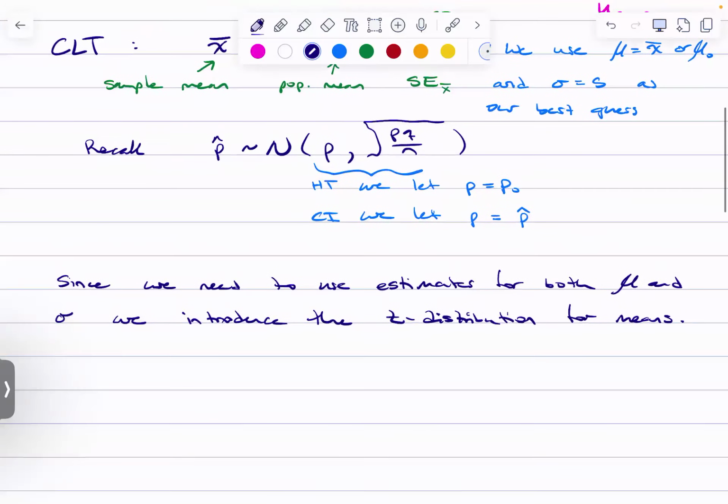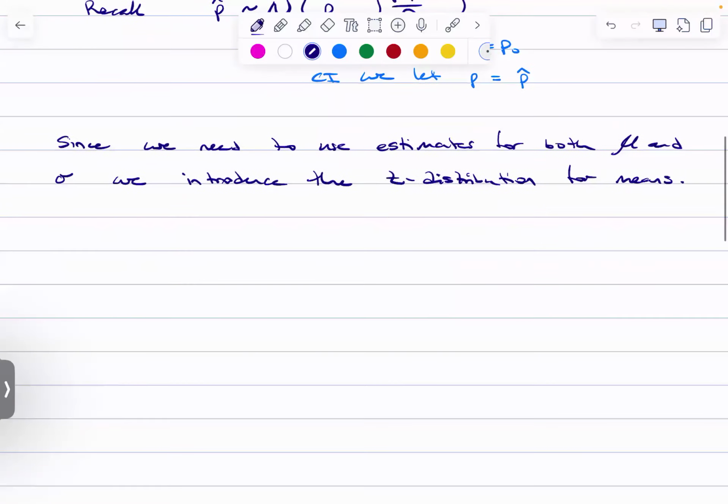Now, a couple of things about the t distribution. The shape of the t distribution is generally like the normal distribution. But the shape of the t distribution depends on the sample size. Why?